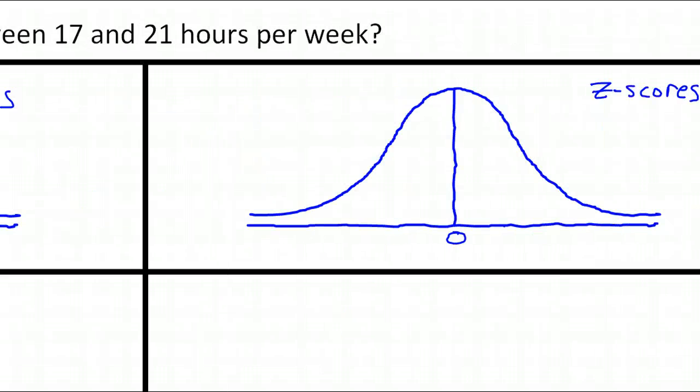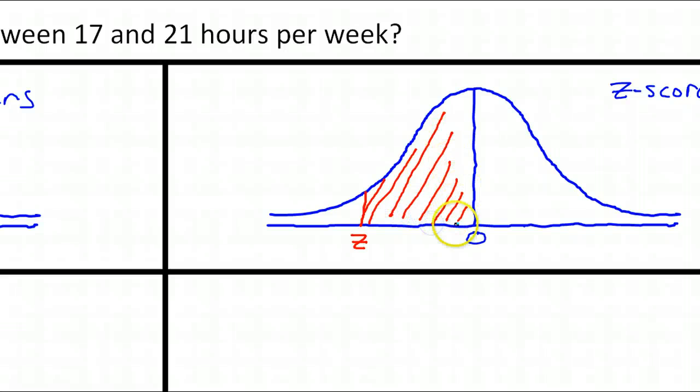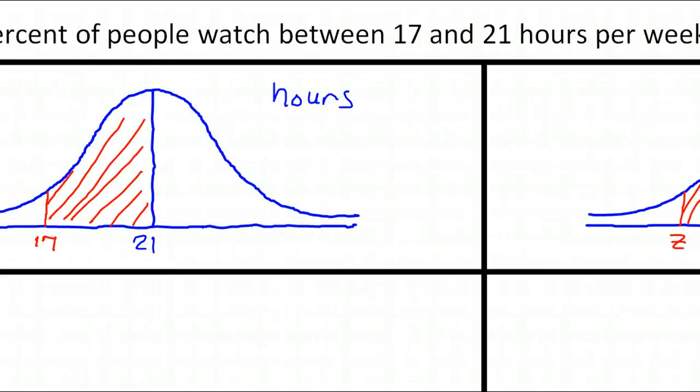Okay, and let's do a similar thing for z-score. Just drop a line over here. The mean we know is a 0 z-score, so that's one z-score that we don't need to find. We just need the other one.